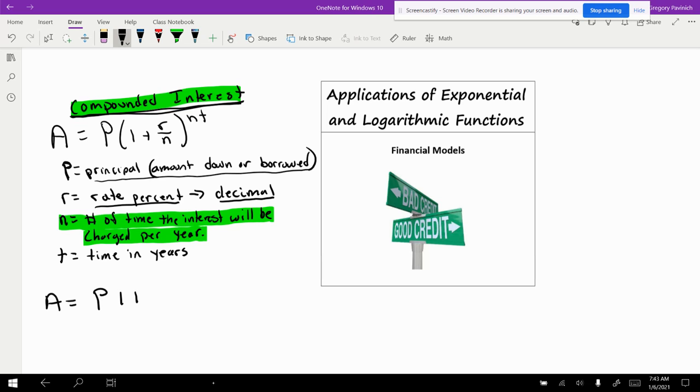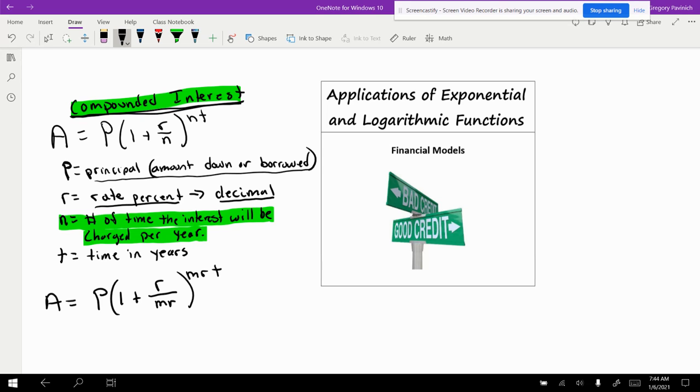this n, and what they called the n was, they said, we're going to call that mr. And so anytime I have an n, I'm going to write mr. I'm just going to replace it.